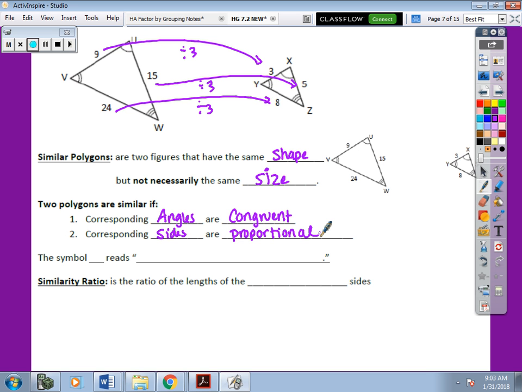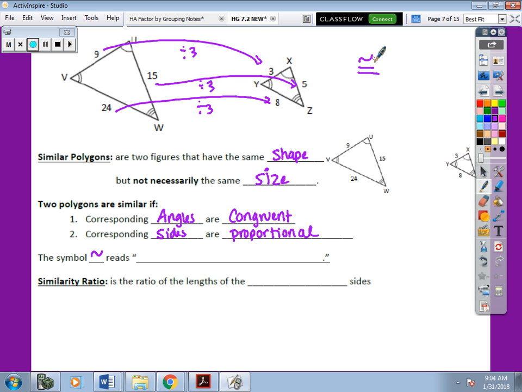Now the symbol we know for congruence is that, right? Today we're going to learn that the symbol for similarity is just the top squiggle of the congruent sign. So congruence really means that they're similar and equal, making them congruent, exactly the same. The top part is your similarity symbol.